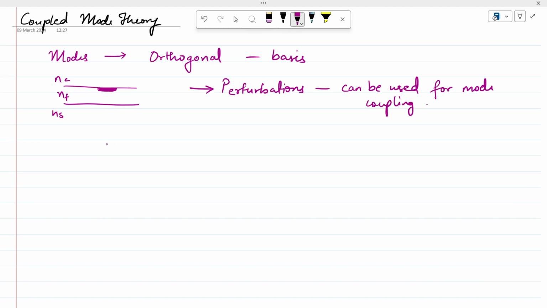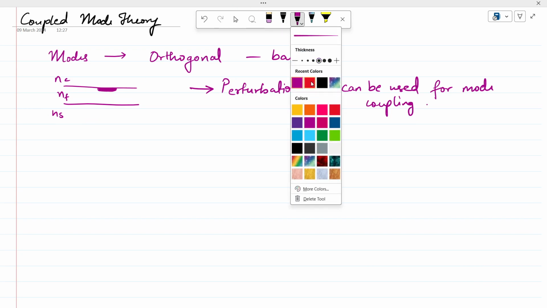So first of all, we need to know what the mode solutions for the waveguide are in the unperturbed situation. For the unperturbed case, let me write down the modes.